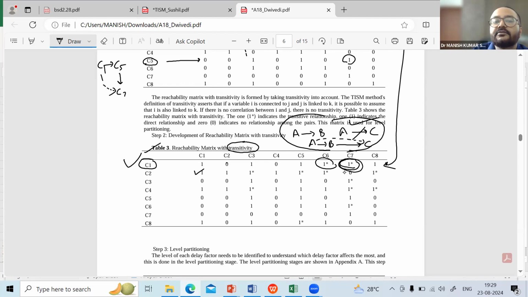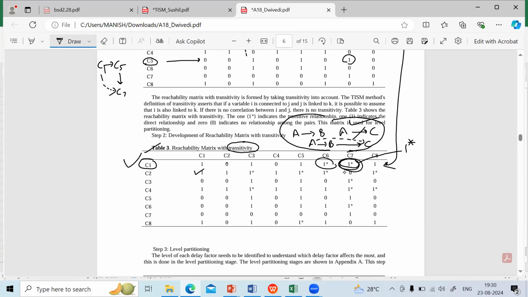Yes. This is the 1 star. So you understand that C1 is having an indirect relationship. That indirect relationship is nothing but transitivity. We call it transitivity. So that is a simple funda.